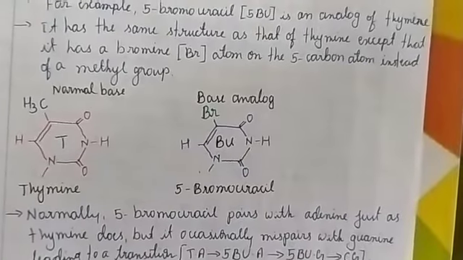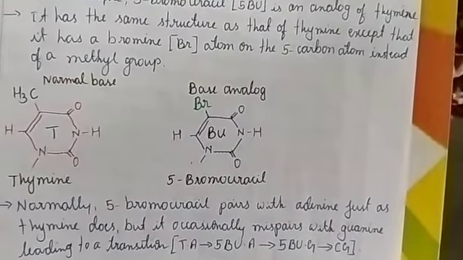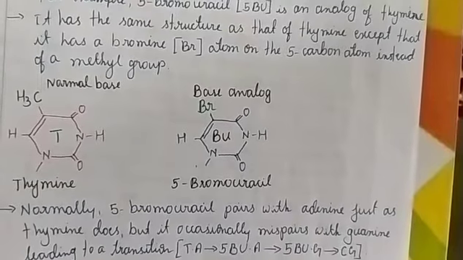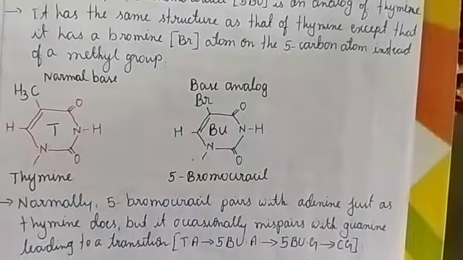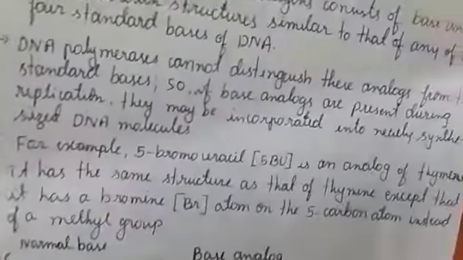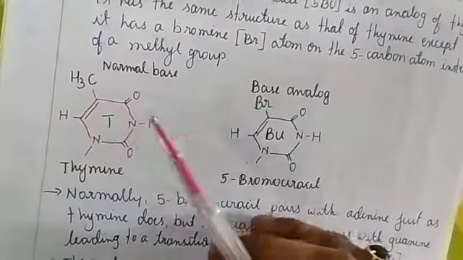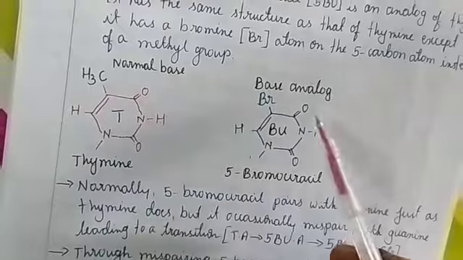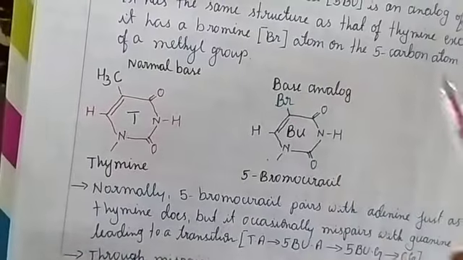It has the same structure as thymine, except that it has a bromine atom on the 5 carbon atom instead of a methyl group. Here it is a methyl group, and here the bromine has been added.